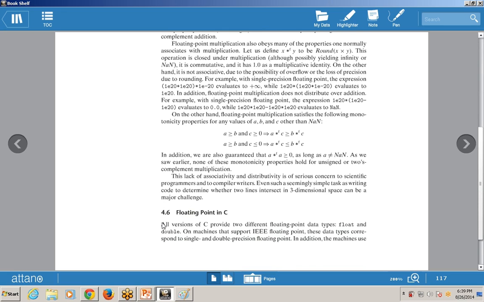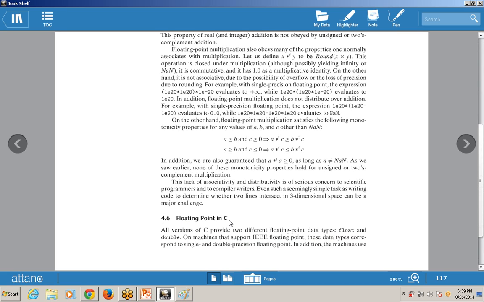Then the next topic is floating point in C. Till now we have covered how to use floating point numbers. Now it's time to merge floating point numbers with a programming language, that is your C language.